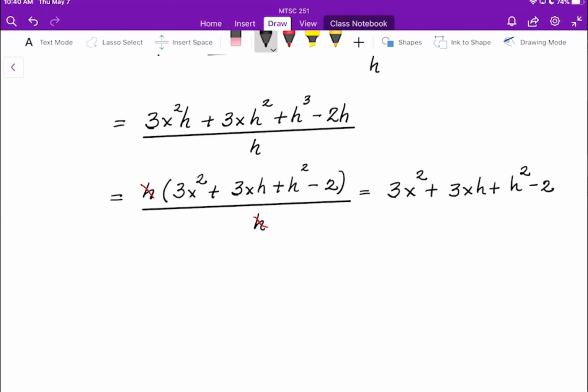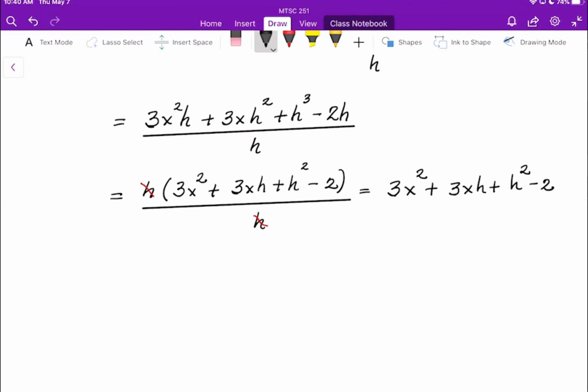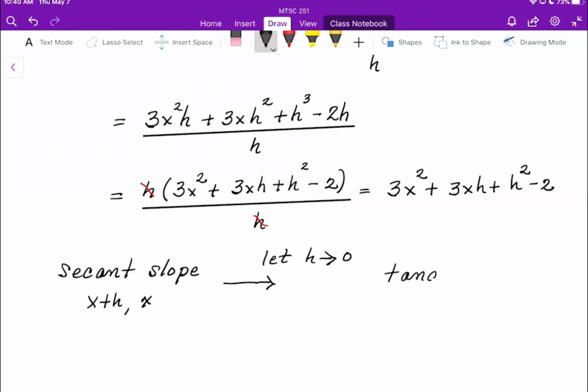Now, we know that in order to figure out what our actual tangent line is, we take our secant slope, and that's the difference where we use x plus h and x. And we're going to let h get really, really small. So we're going to let h go to 0 in order to get our tangent slope.